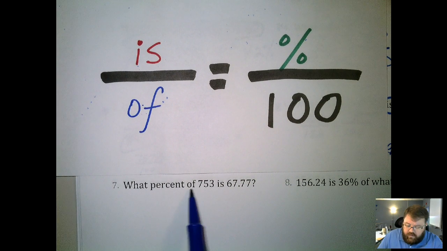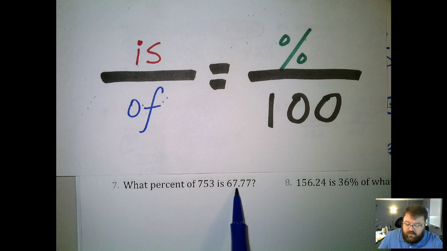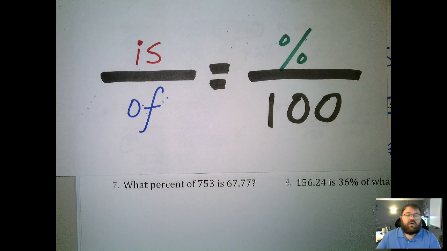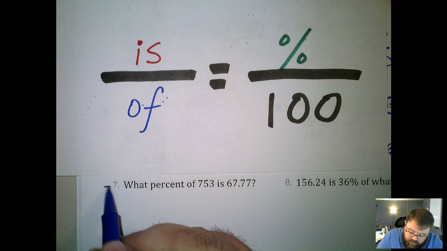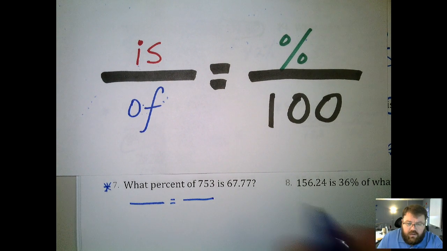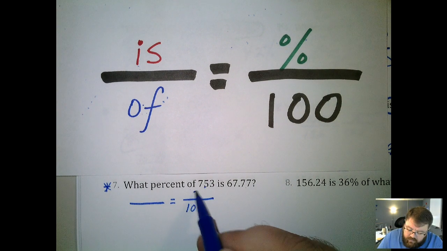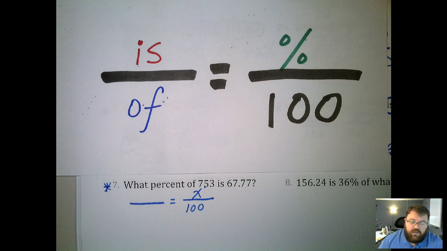What percent of 753 is 67.77? Pause the video and answer the question. All right. Hopefully you started by saying line is equal to line. You went ahead and substituted the 100. You notice you do not have a percent, so you put your variable here.